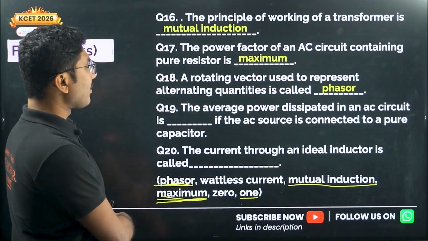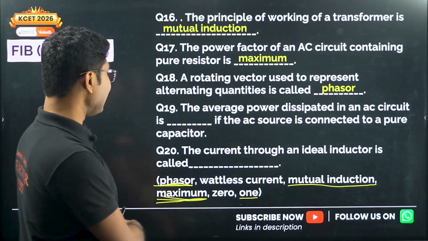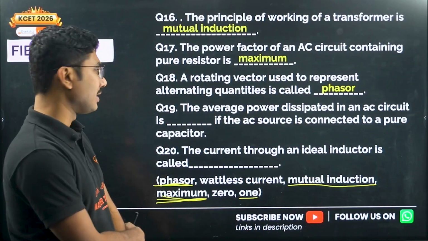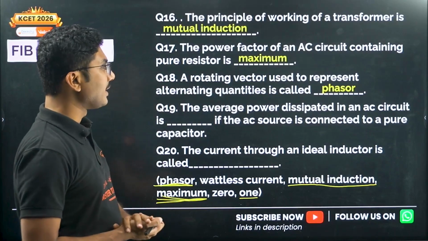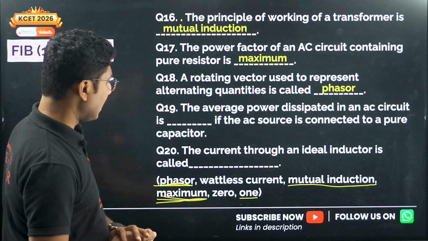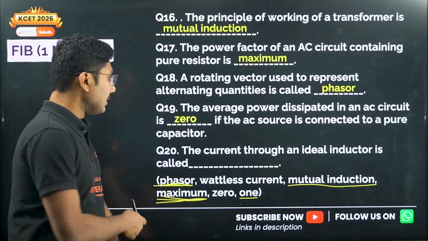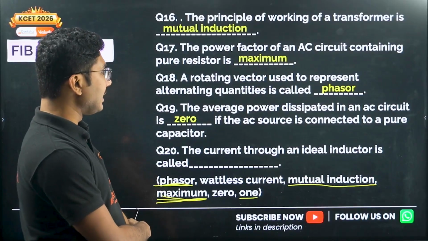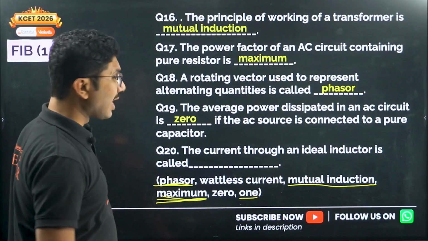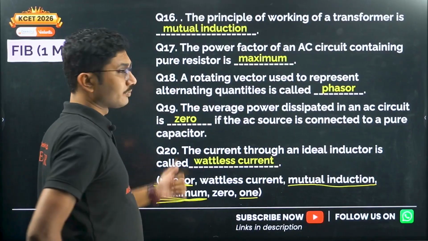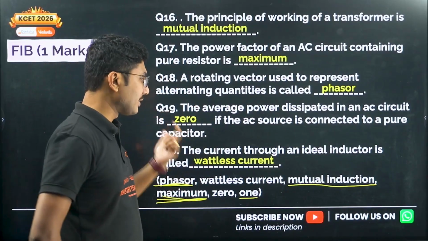The average power dissipated in an AC circuit is dash if the AC source is connected to a pure capacitor. So the average power dissipated in an AC circuit is 0. The current through an ideal inductor is called wattless current, because it does not consume any power, so that's why it is called wattless current.